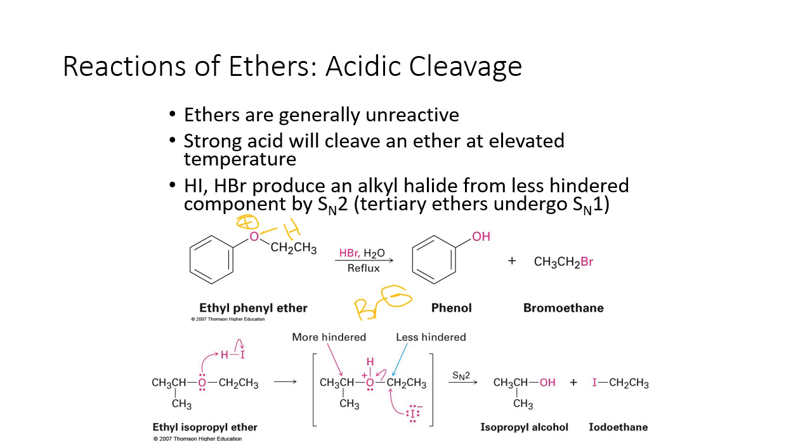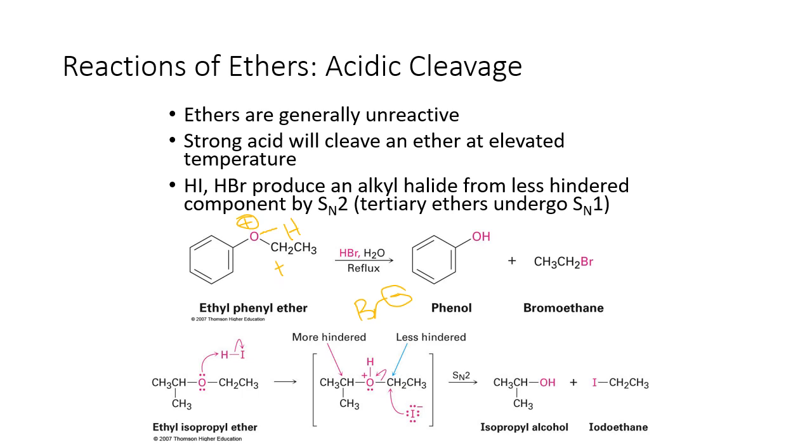The Br will do a nucleophilic attack. Where will it attack? The carbon that's directly attached to oxygen will have a partial positive charge, and so that carbon can be a target for nucleophilic attack by the negatively charged bromine.